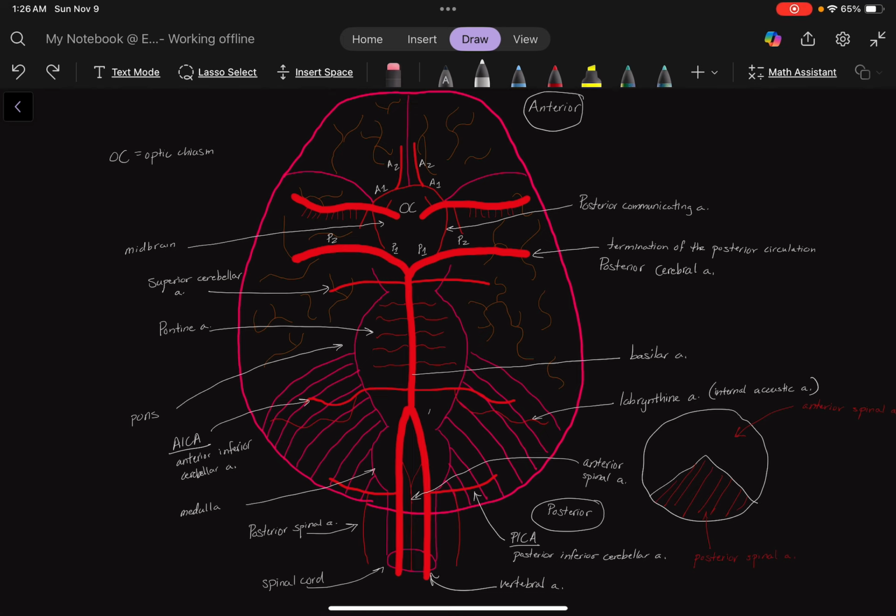So that would make this the internal carotid artery, okay? So this right here is the internal carotid artery.